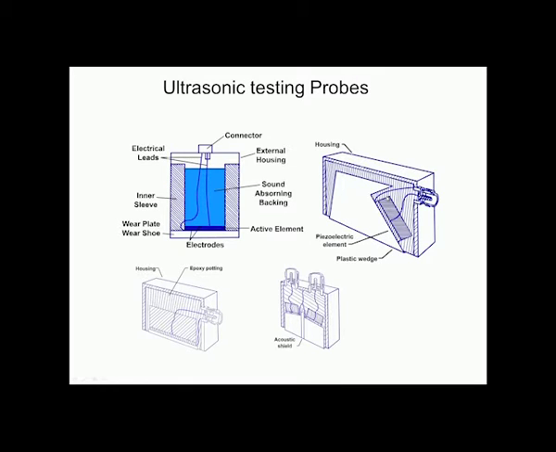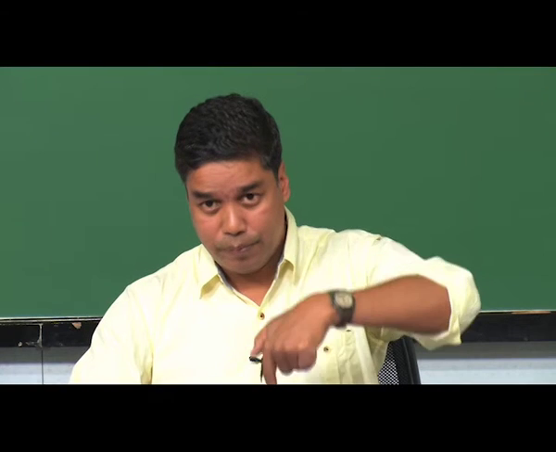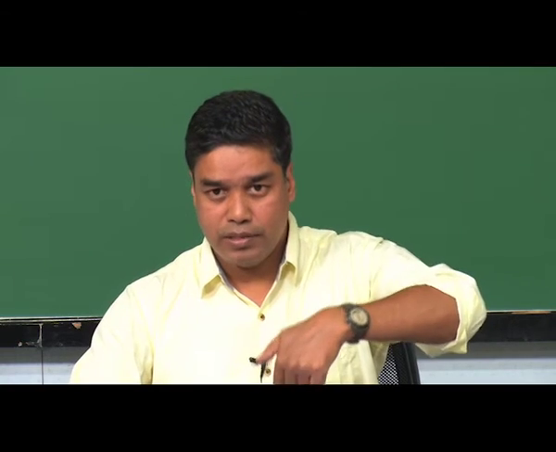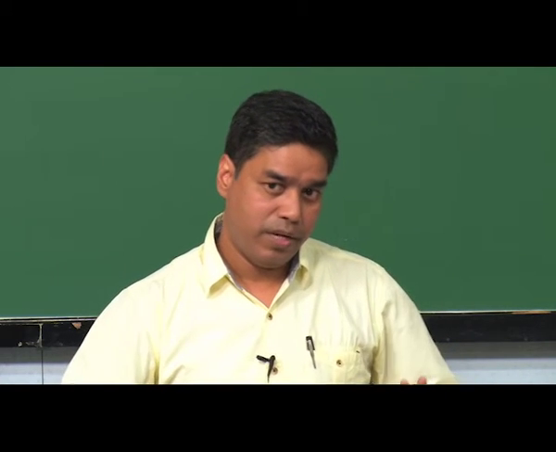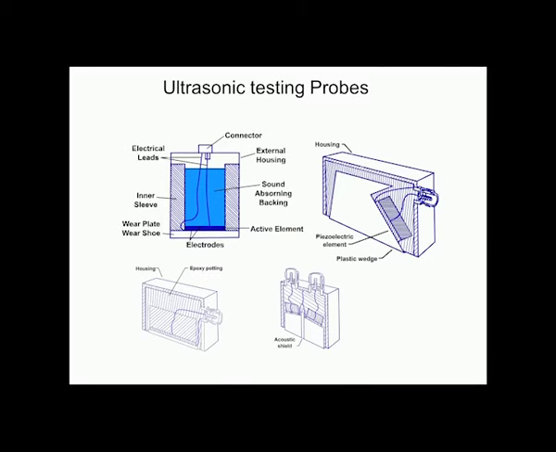The ultrasonic beam can be sent normally, perpendicular to the surface of the sample, or it can also be sent at some angle, because in many cases, as we are going to discuss later, an incidence at a particular angle is needed, because your defects and flaws can lie in different orientations.